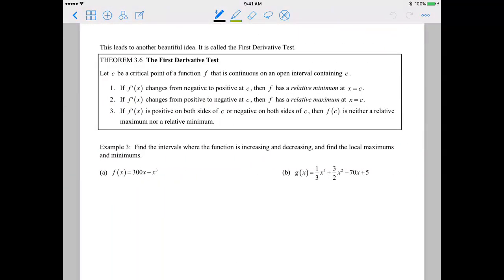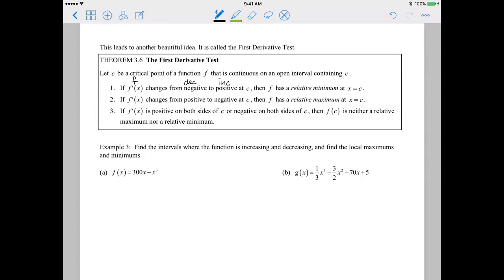Okay, so this leads to another just incredible idea that we get from calculus, and it's called the first derivative test. So let c be a critical point of a function f that is continuous on an open interval that contains that critical point. If f prime of x changes from negative to positive, that means that f changes from decreasing to increasing.